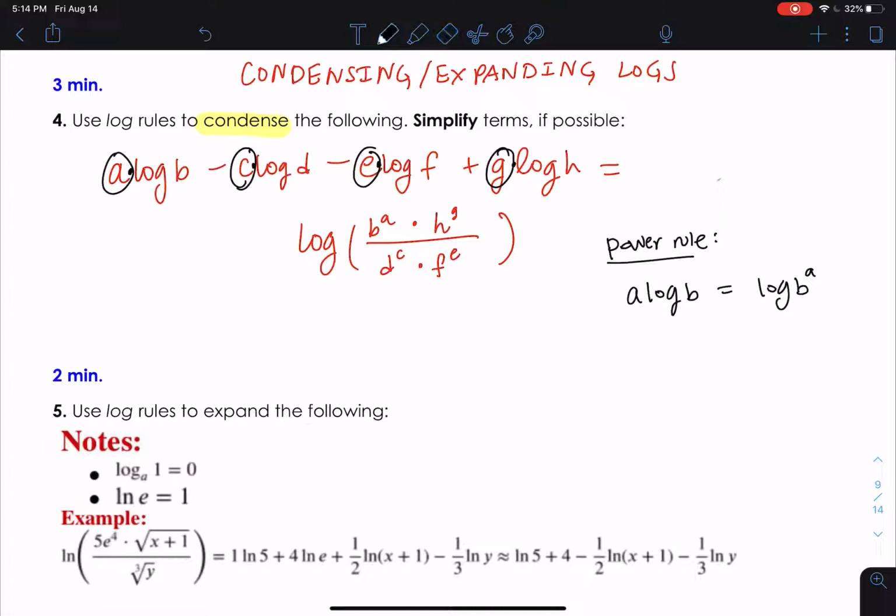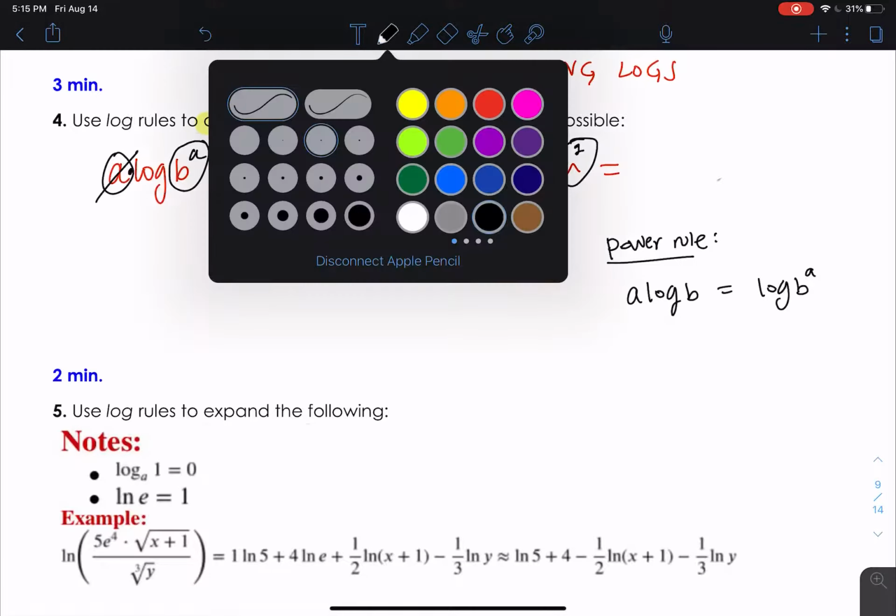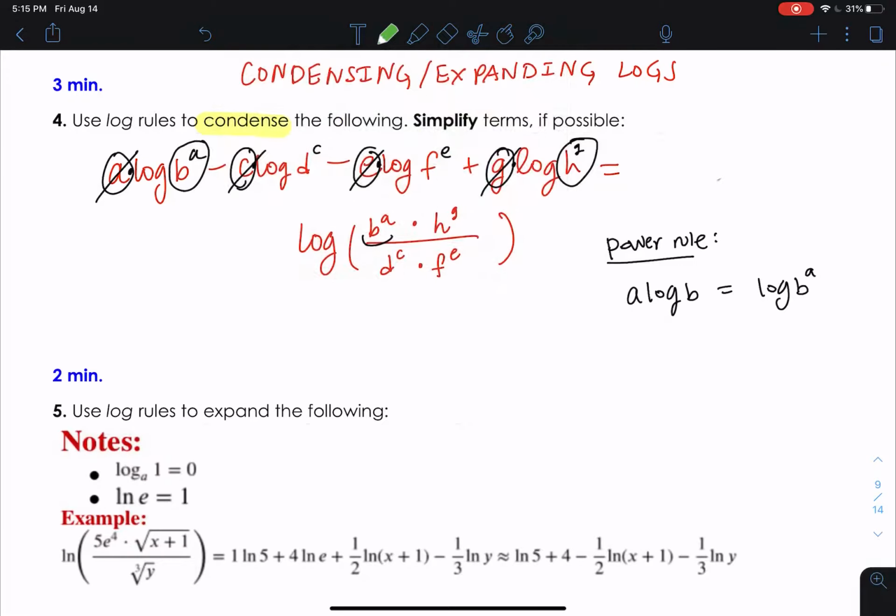The other thing you probably noticed is that besides these getting crossed out and becoming exponents, is that my b to the a went on top, so did h to the g. Do you know what they have in common? They're both positives in front. So notice that my g log h term was a positive term, so was a log b.